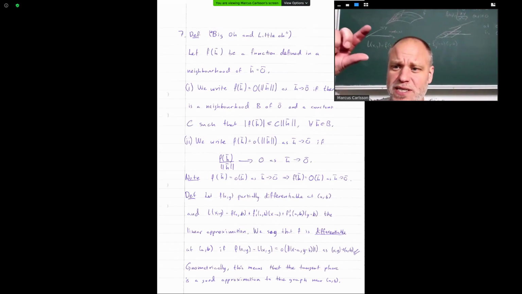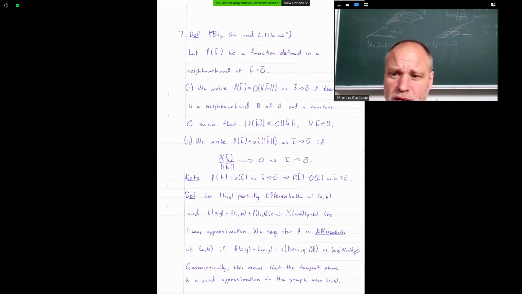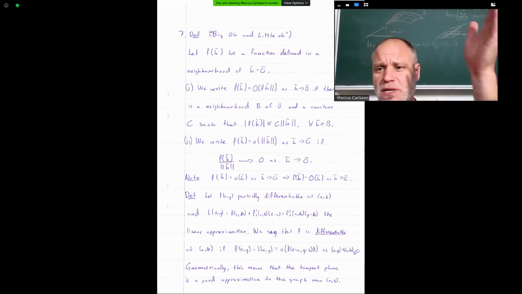You want the error to always be small compared to the key terms in your approximation. So this ordo is a way of keeping track of who's bigger than who.